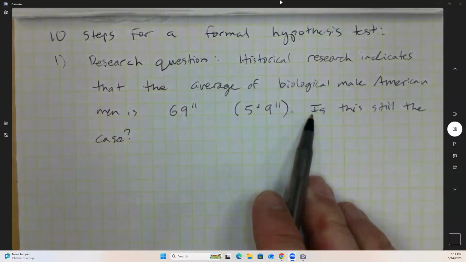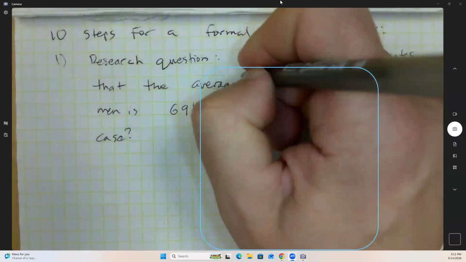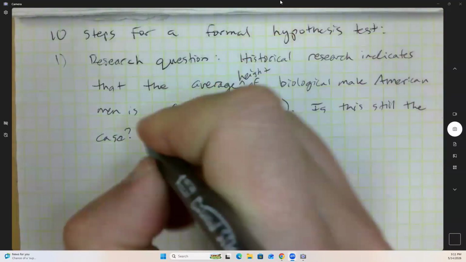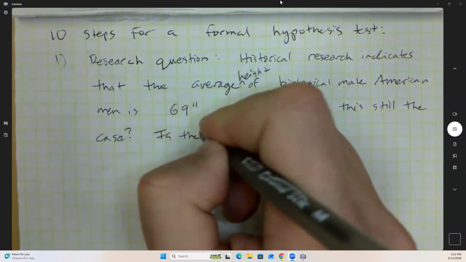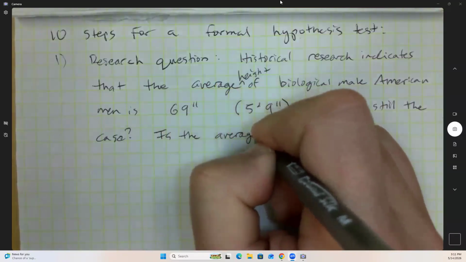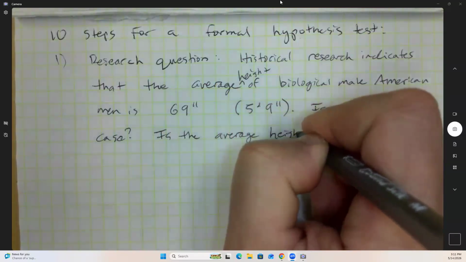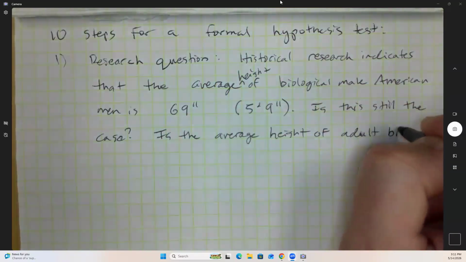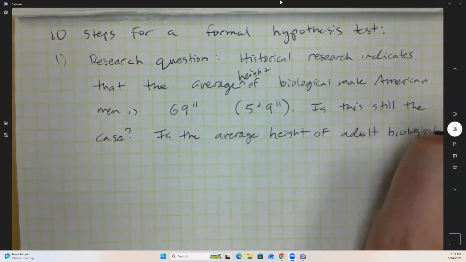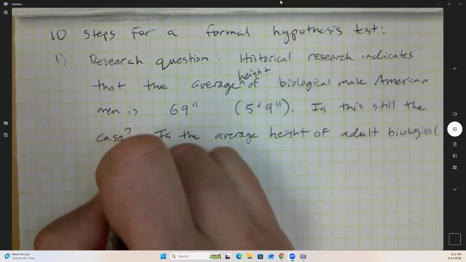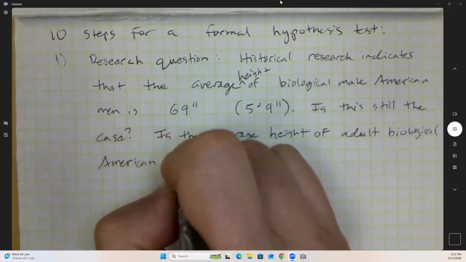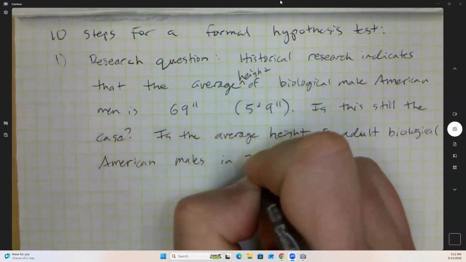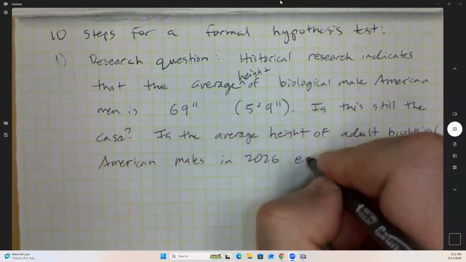Is the average height of adult biological American males in 2026?